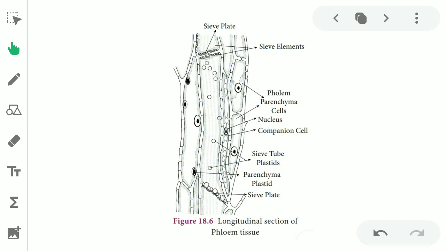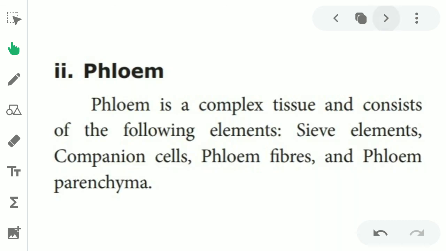Other cells, companion cells and sieve elements, are present in the phloem. Phloem fiber is also present. Now first we are going to see what phloem is. Phloem is a complex tissue and consists of the following elements: sieve element, companion cell, phloem fiber and phloem parenchyma.